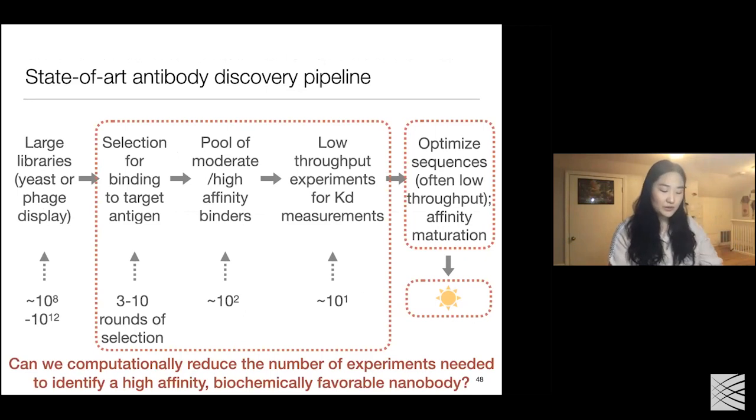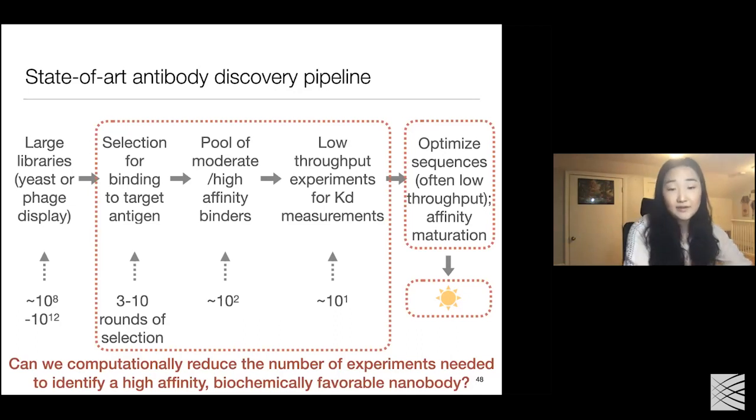But this work is really focused on these last few steps of the pipeline. So can we computationally reduce the number of experiments that we need to identify both a high affinity binder, but also biochemically favorable nanobodies? Can we reduce the number of selection steps, reduce the types of selections, and minimize the need to do further optimizations down the line, and optimize the success rate of finding a good antibody at the end of the day?